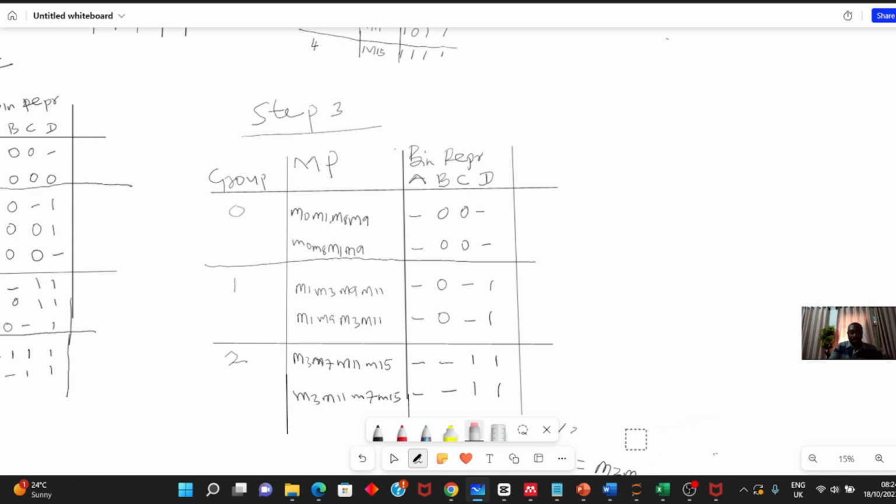So let's form the PI table. That will form our step 4. So in step 4, form the PI table.